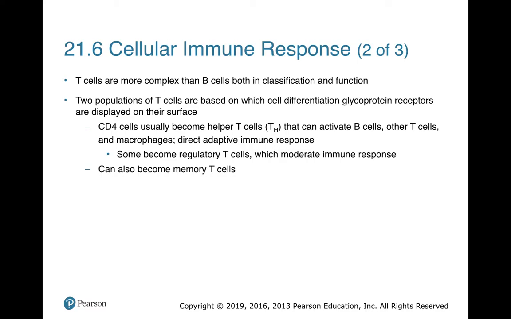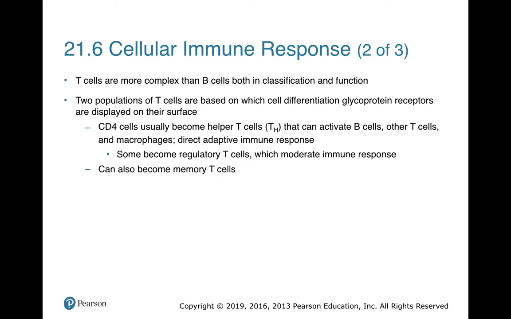They can work on other T cells, they work on macrophages, they are kind of directing an adaptive immune response. And some of those T cells will become memory T cells and provide a memory response the next time you see it. And some of them will differentiate to become regulatory T cells, which help moderate immune responses, turn them down when it's necessary.